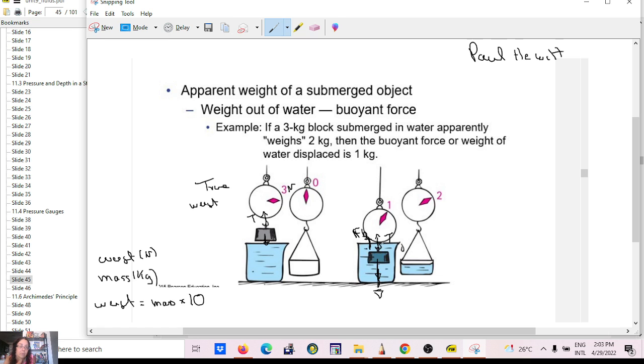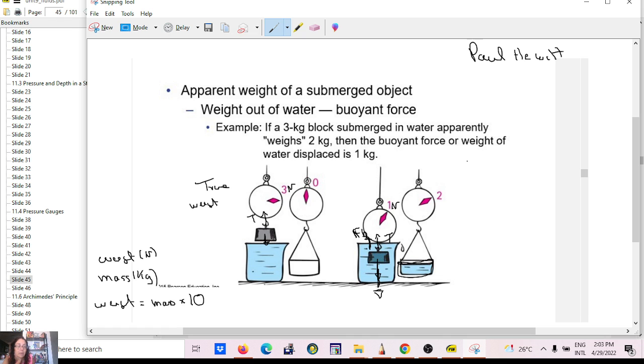So buoyancy plus tension equals the weight. It seems that the mass here is lighter, so it weighs 1 Newton. Before it was weighing 3 Newtons. So it's like there was a 2 Newton force pushing up. That will be the weight of the water displaced, and that's going to be the buoyant force.